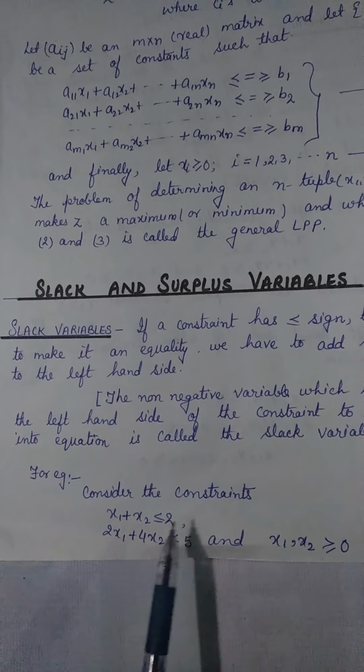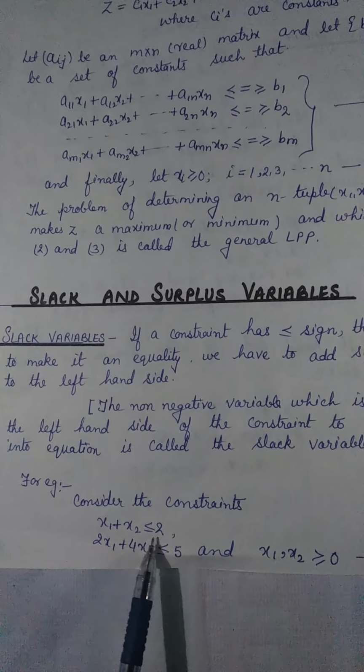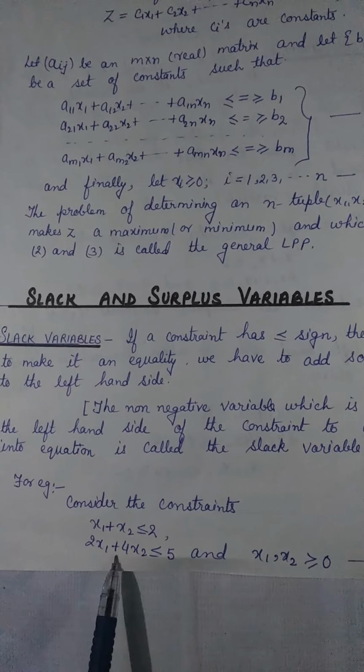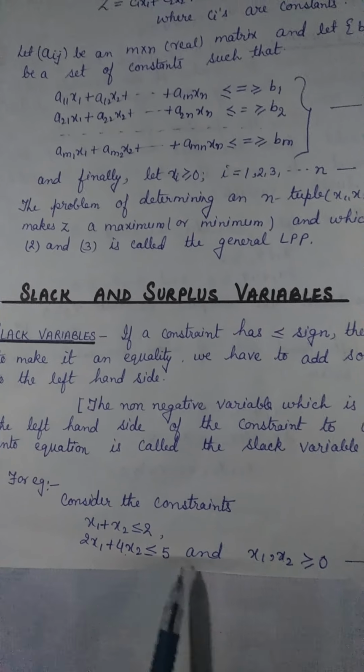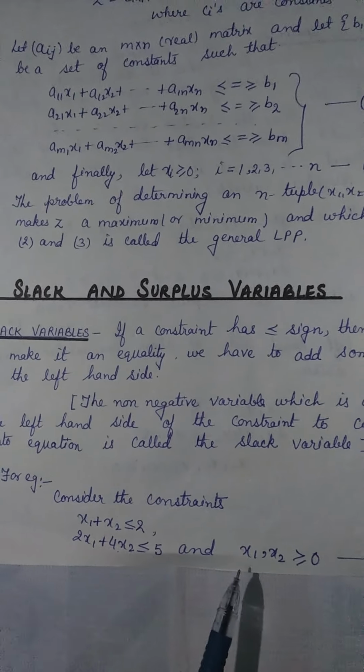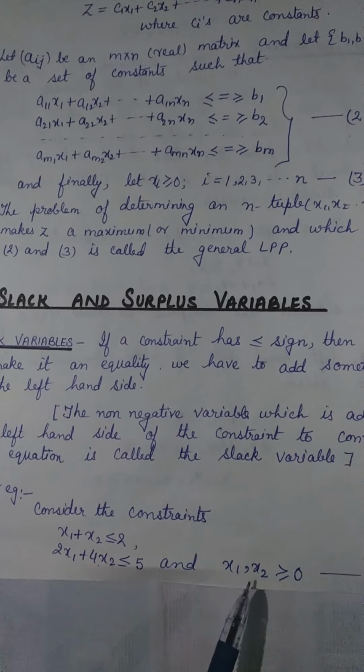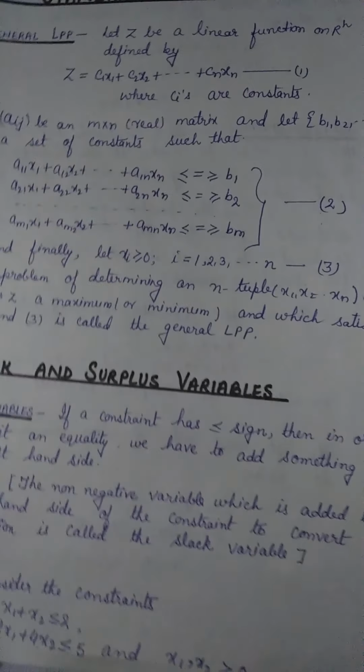Now let us consider an example. We will consider the constraints x1 + x2 less than or equal to 2, 2x1 + 4x2 less than or equal to 5, and x1, x2 greater than or equal to 0.